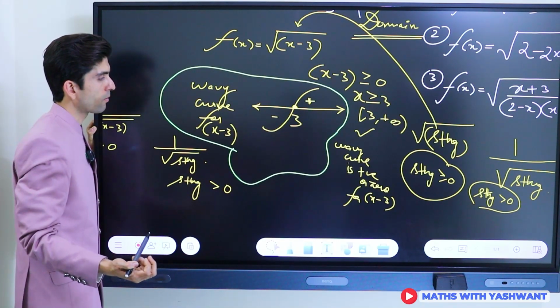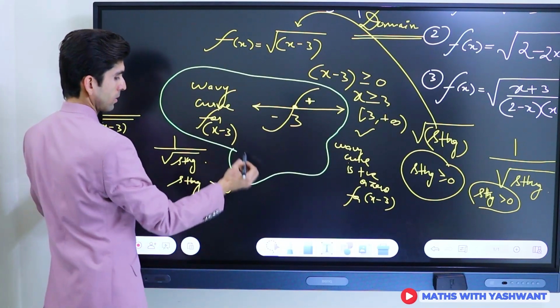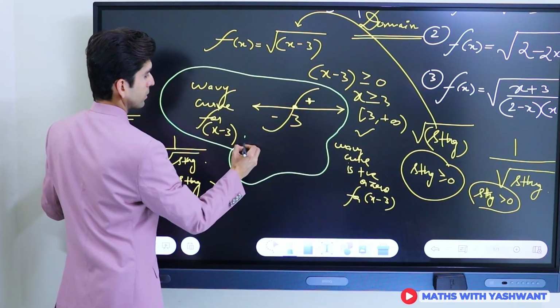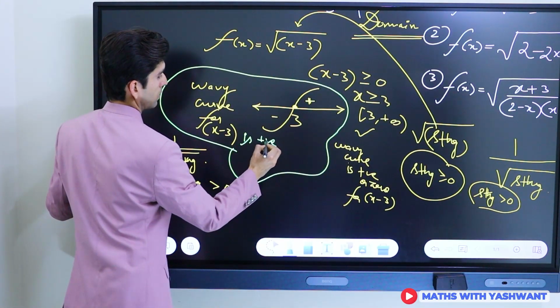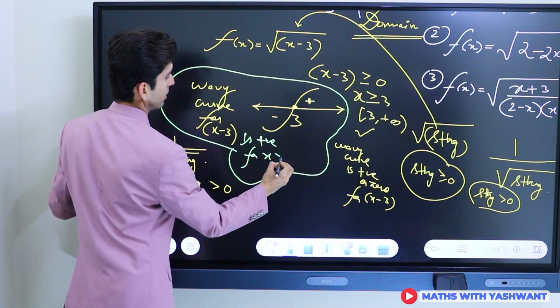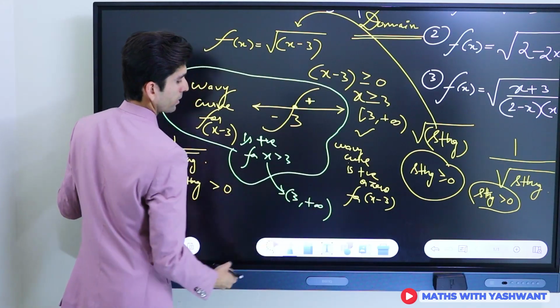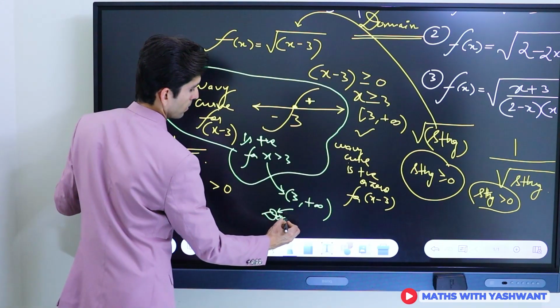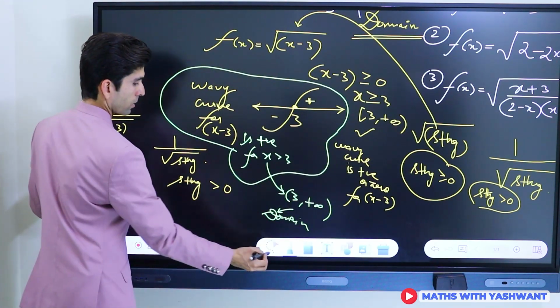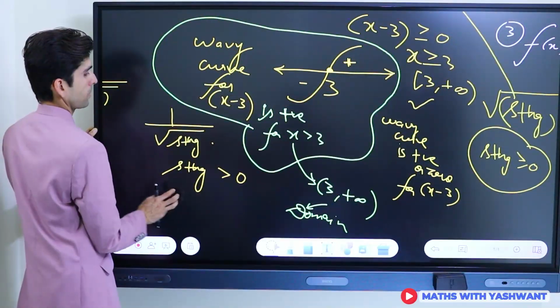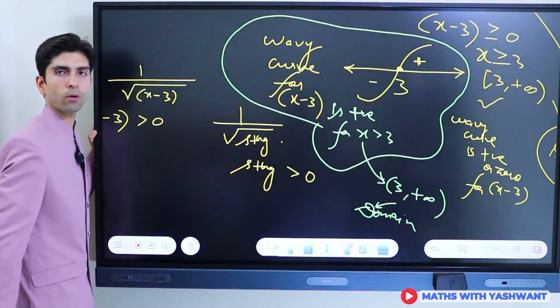So the wavy curve for x minus 3 is positive for x greater than 3, which in the interval form is 3 to positive infinity, and this is the domain for this expression, 1 upon square root of x minus 3.